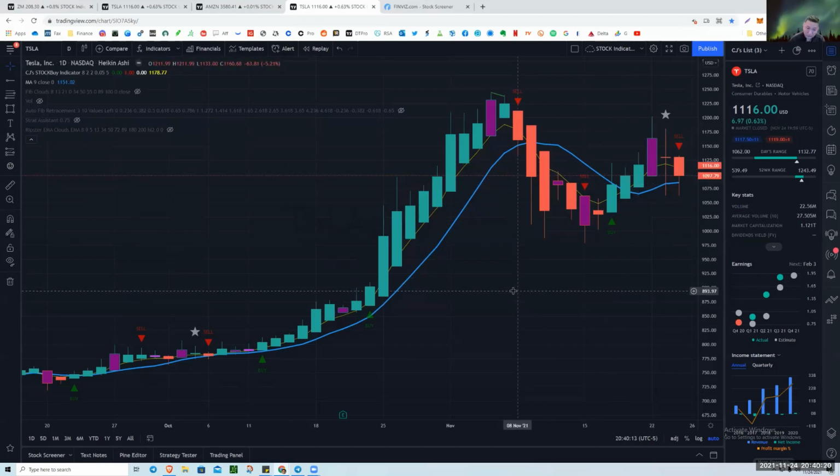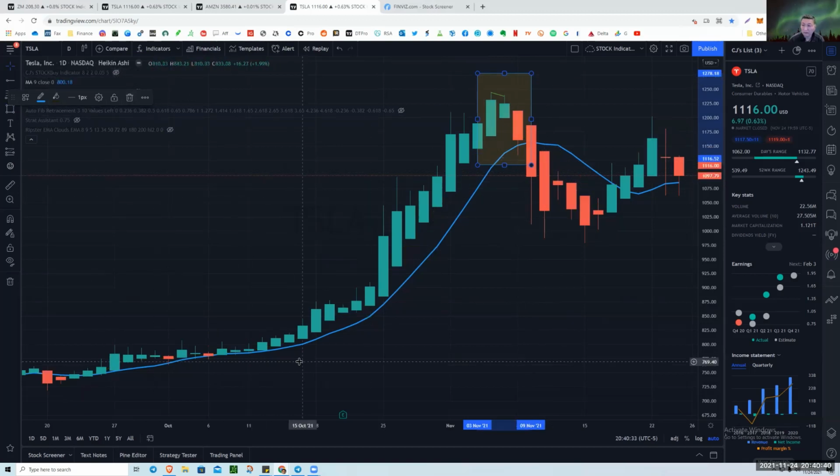Okay. Now, this is what you're looking for. The whole point of it is, instead of trying to read each and every single candle, you're looking at the sell sign. So for example, if you were to look at this one right here, let's say this signal wasn't there, right? What candle formation is that?